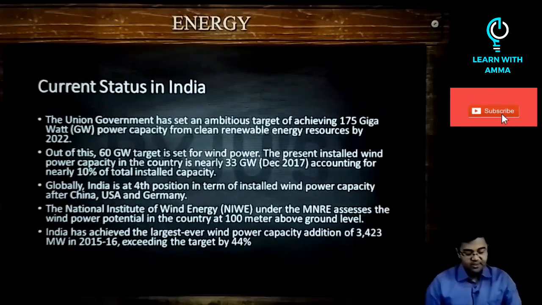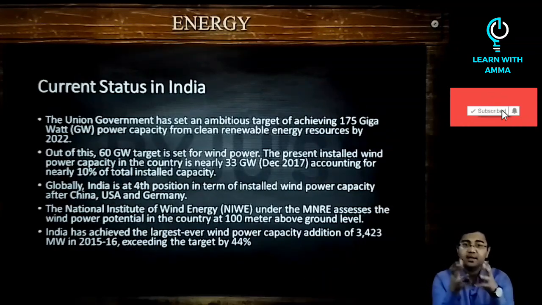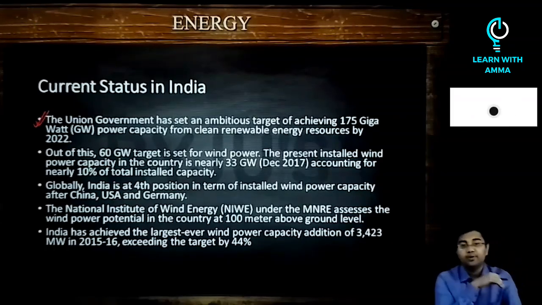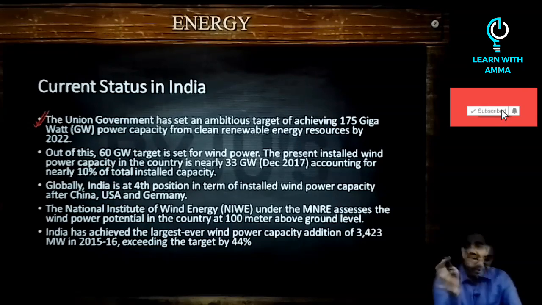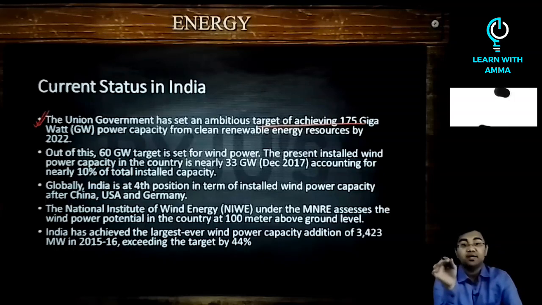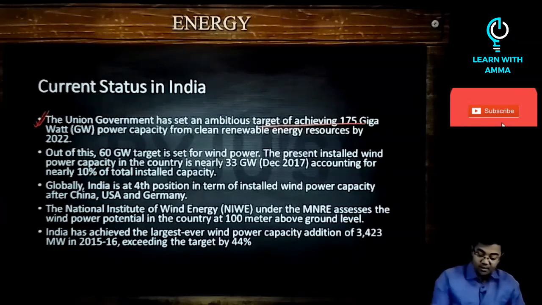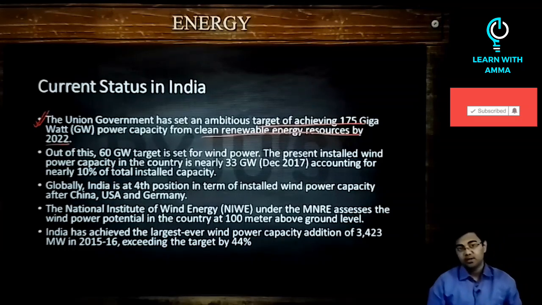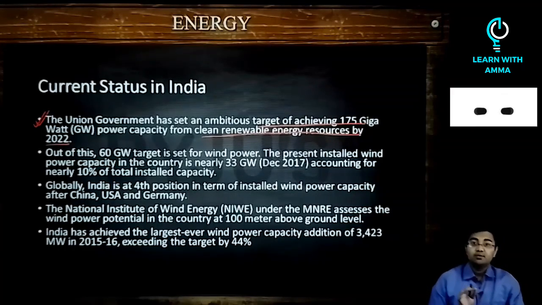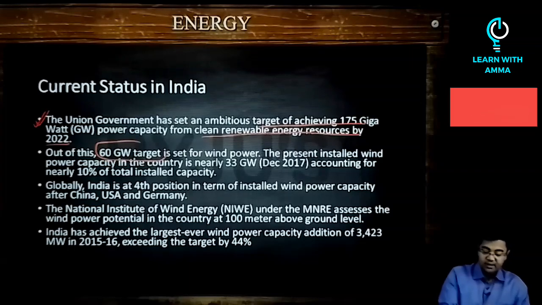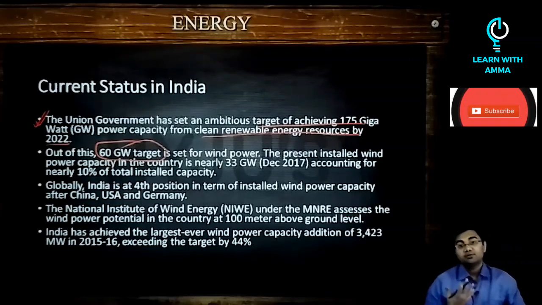Now let's look at some of the facts about India and what is happening in India. The first and most important point is that the union government has set a target of achieving 175 gigawatt power capacity from clean renewable energy sources by 2022. Out of these 175 gigawatts, a 60 gigawatt target has been set for wind power.